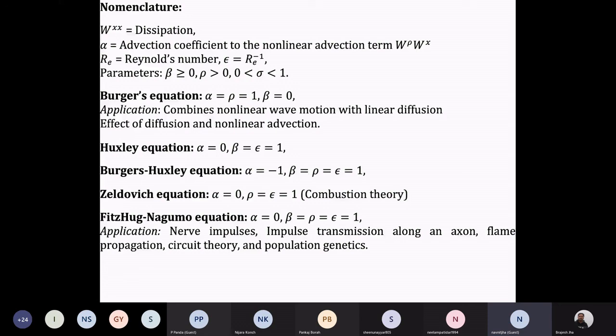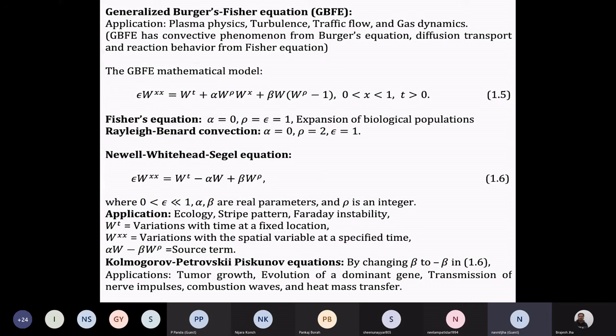There is another, the Burgers-Fisher equation, and it has application in plasma physics, turbulence, traffic flow, gas dynamics. It has convective phenomena from Burgers equation and diffusion, transport, and reaction behavior from Fisher equation. Again, this equation is represented by 1.5, and by changing values of alpha, rho, and epsilon, you have another equation, Fisher equation, Rayleigh-Benard convection, and so on.